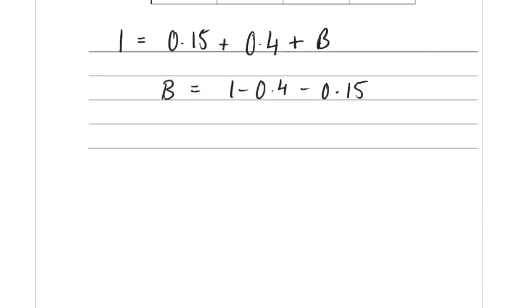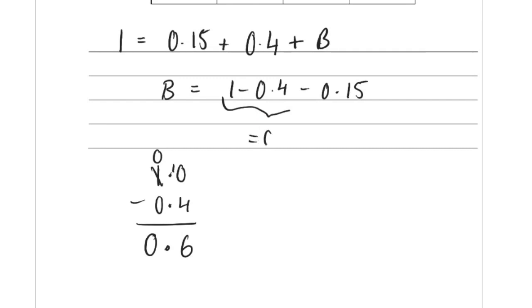So let's do this in stages. So let's do 1 minus 0.4. So we can't do 0 minus 4, so we're going to take 1 from the 1 and carry that over. So we're going to have 10 minus 4 is 6, and that's going to be where the decimal point goes, and then we're going to have 0 minus 0, which is 0. So this first bit here equals 0.6.